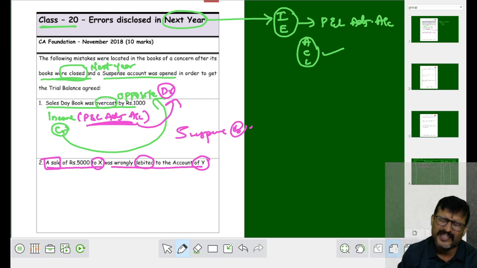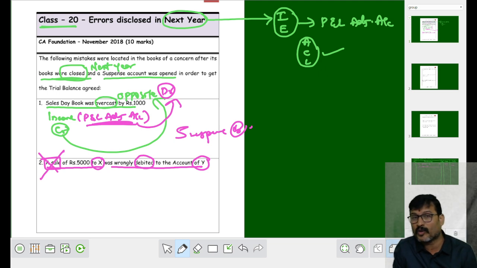No, it's not the case, because you have sold goods to X but debited Y. The mistake is committed in the name of a debtor, not in sales. So the sales account has the correct entry, so you neglect sales, because nothing is wrong in the sales account.